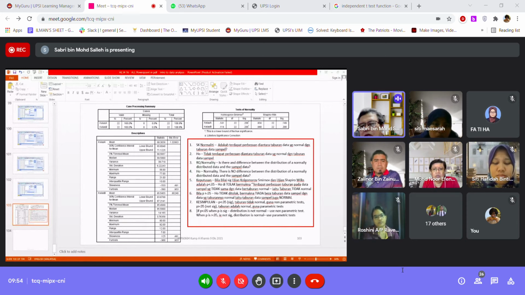Satu adalah Kolmogorov-Smirnov, singkatan kita kata KS lah. Kalau signifikan dia more than 0.05, data dia normally distributed. Okay. P more than 0.05, data dia normally distributed. Less than 0.05, data is not normally distributed.